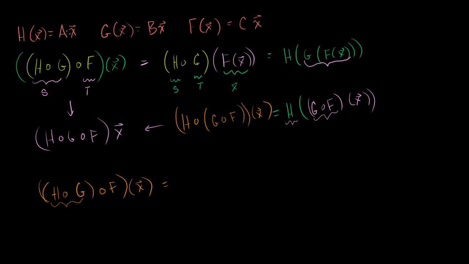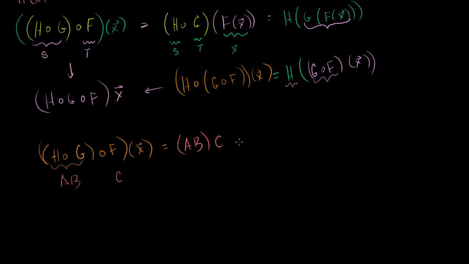H and G, their matrices are A and B. So it's going to be AB, and I'll do it in parentheses. And then you take that matrix and you take the product, so this guy's matrix representation is AB, right? And this guy's matrix representation is C. So the matrix representation of this whole thing is taking the product of AB and then taking the product of that with C. So AB and then C. And of course all of that times some vector x.